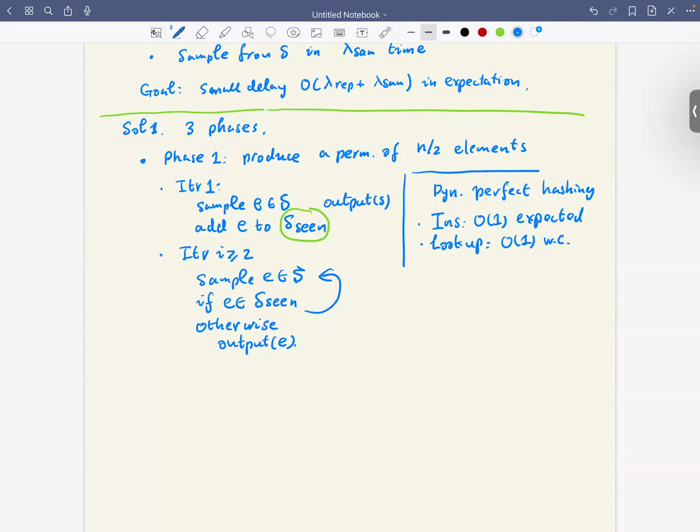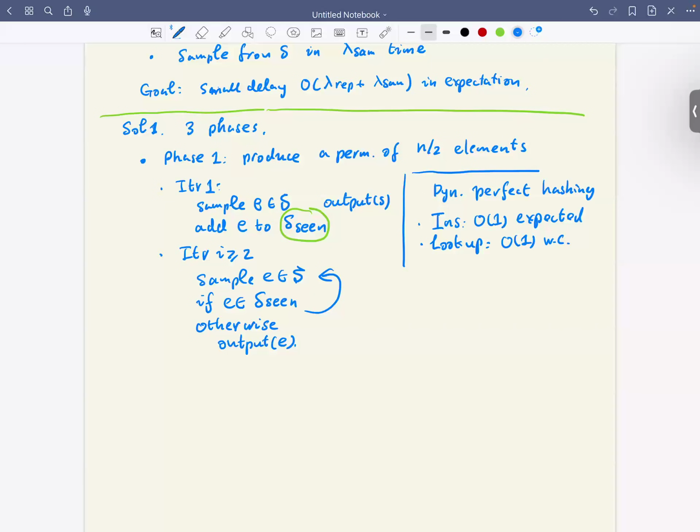There's one thing that you can notice. I said phase one will last for only n by 2 iterations, and there's a very important reason for this. If I did not have this requirement, then yes, I would have run into some sort of trouble. So if the first phase continues only for n by 2 iterations, what does that mean?